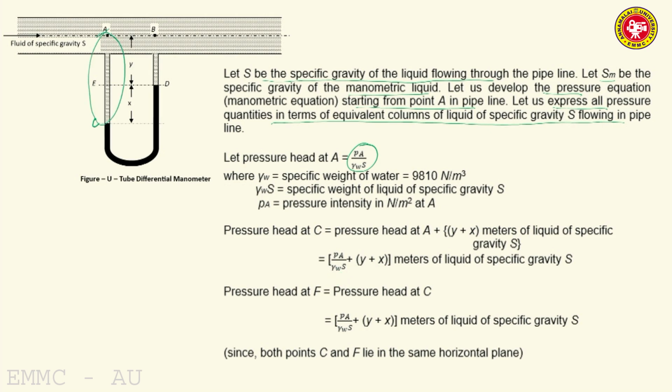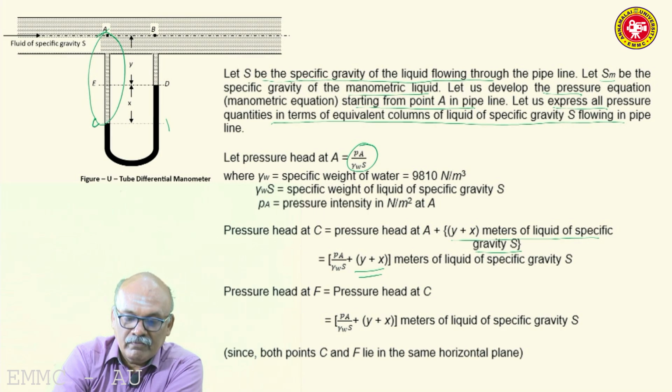What is this column? From A to C, it is Y plus X. What do you have in this column? It is only the fluid of specific gravity S flowing through the pipeline. So, Y plus X meters of liquid of specific gravity S. So, PA by gamma W S plus Y plus X meters of liquid of specific gravity S.